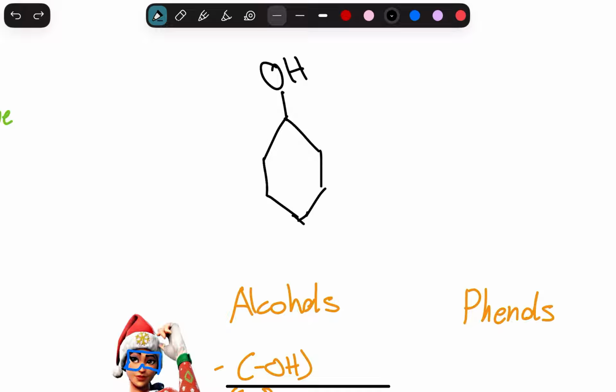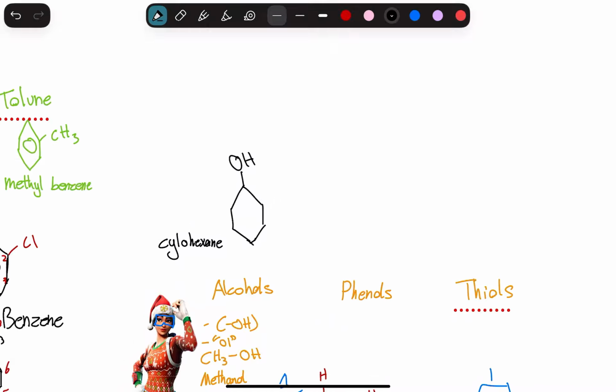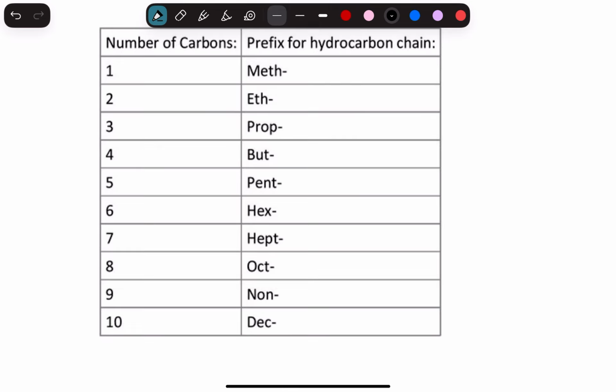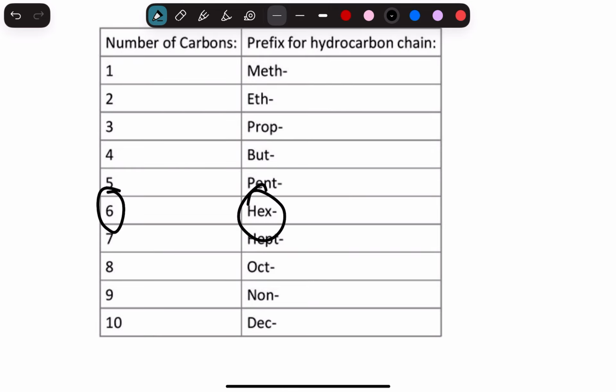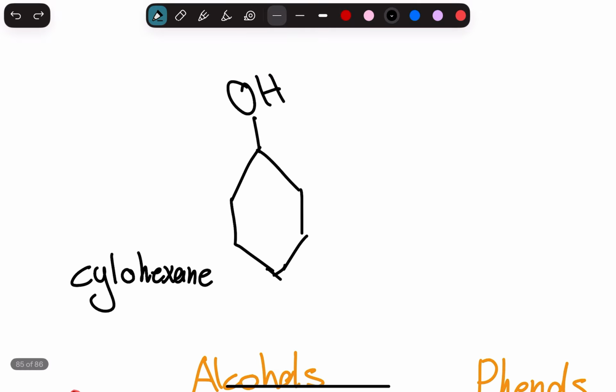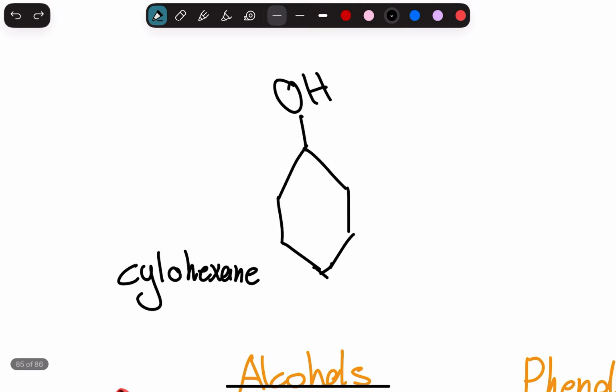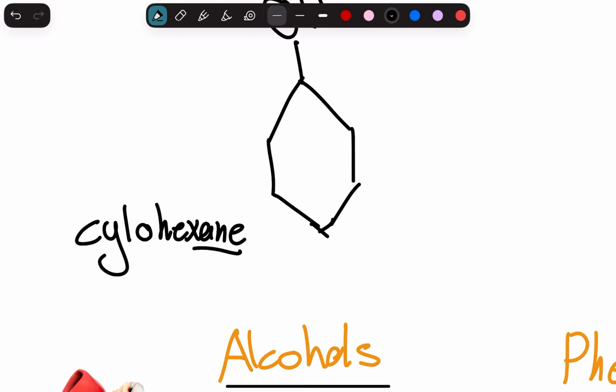So we know that the parent chain is cyclohexane, hexane because we have 6 carbon atoms, and if we go up to our chart, we see that 6 is hex. And then we need to change the ending because it's no longer an alkane, it's an alcohol. So we're going to erase that. Hexanol. So that would be our cyclohexanol.